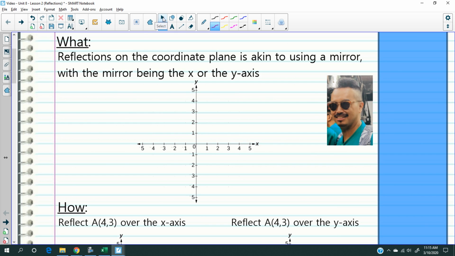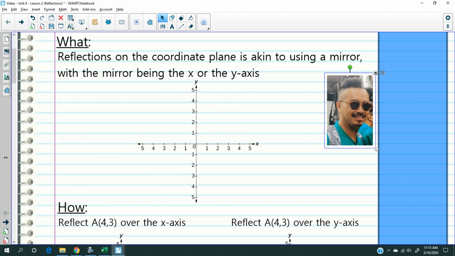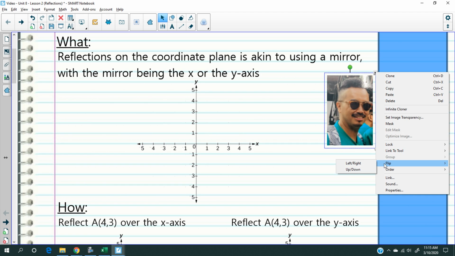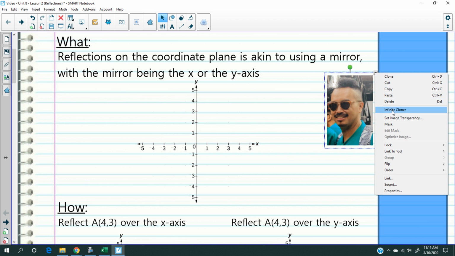So let me make another analogy this way. If I were to take this picture and make a mirror image of myself, the image will look something like this, right? So this is a flip. Let me make a clone of this. Oh, there we go.